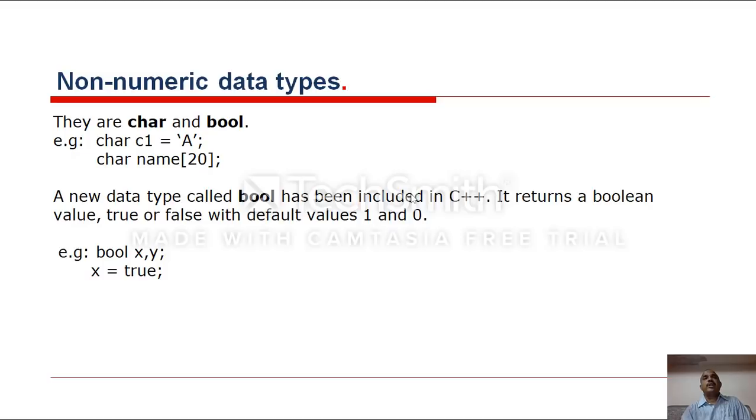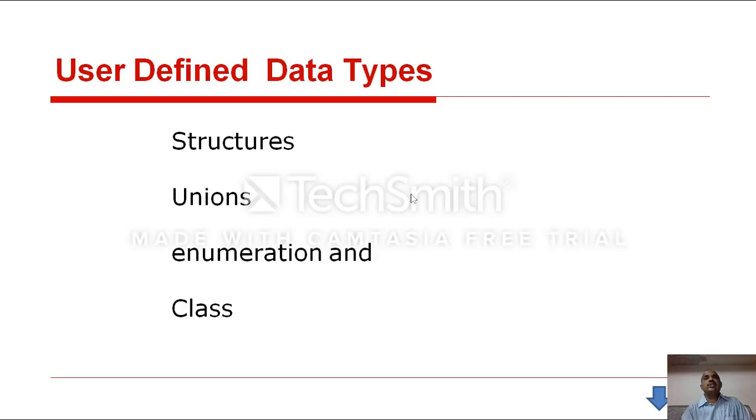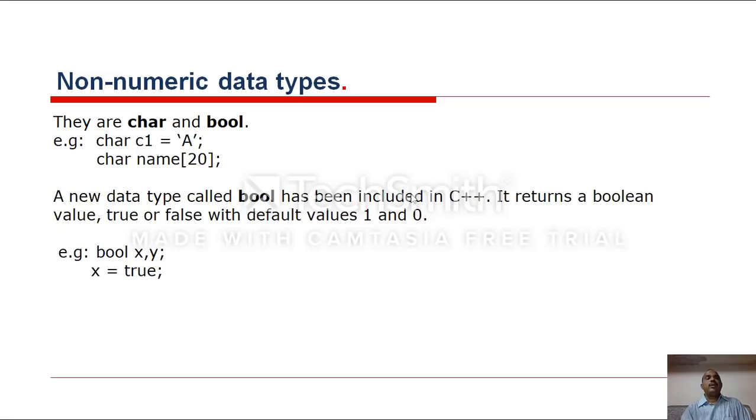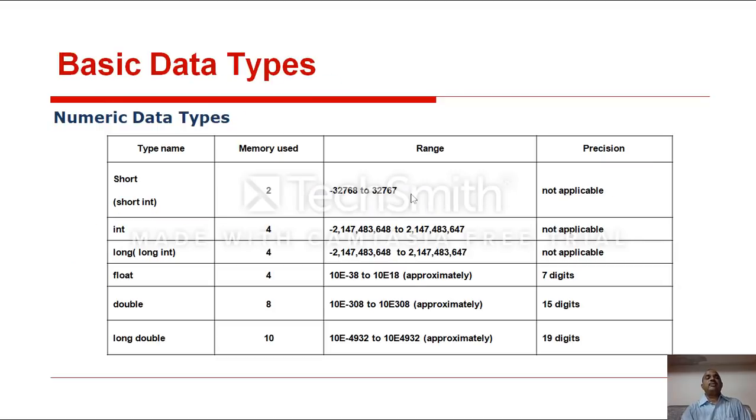If it is true, it returns 1; if it is false, it returns 0. These are the basic data types available in C++ language. C++ features are extracted from the C language, so these are all the data types in C language and also in C++.